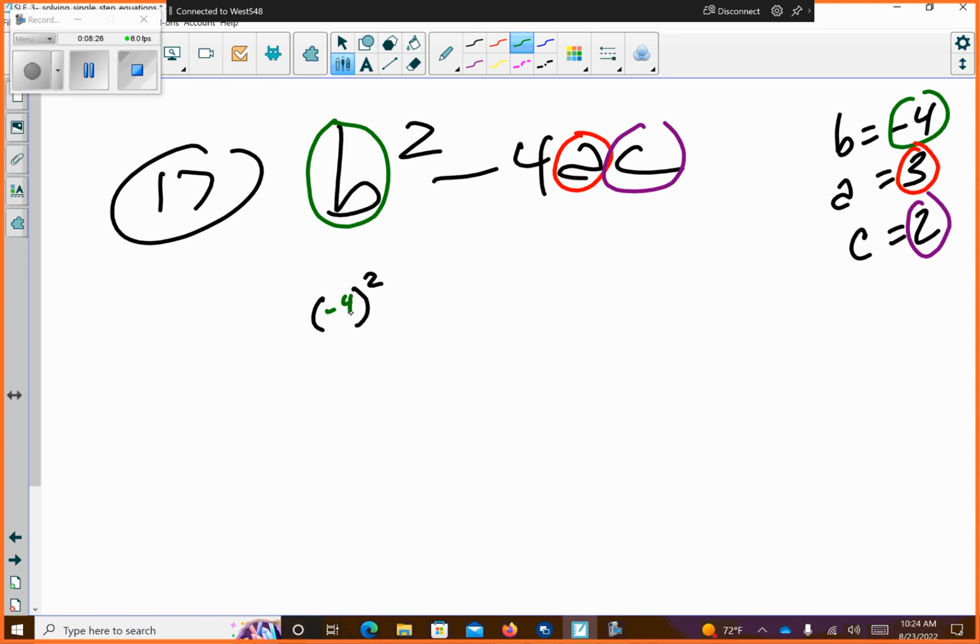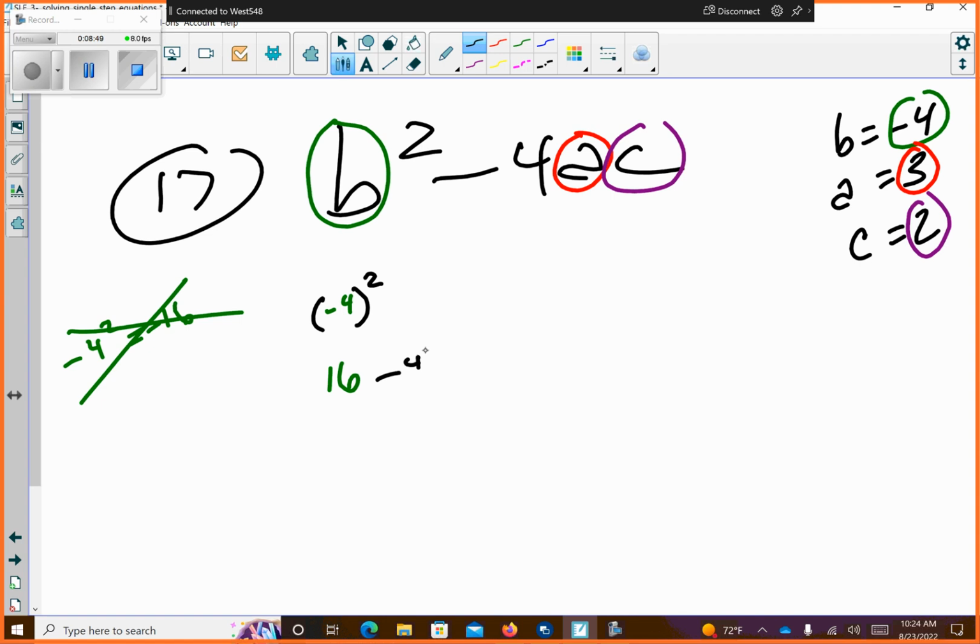Now, a lot of calculators, if you plug this in just like this, a lot of times it's going to give you an incorrect answer. But we know that a negative times a negative is a positive. So I did that so we would get this right, because that's an incorrect step. So we have to be cautious about that.